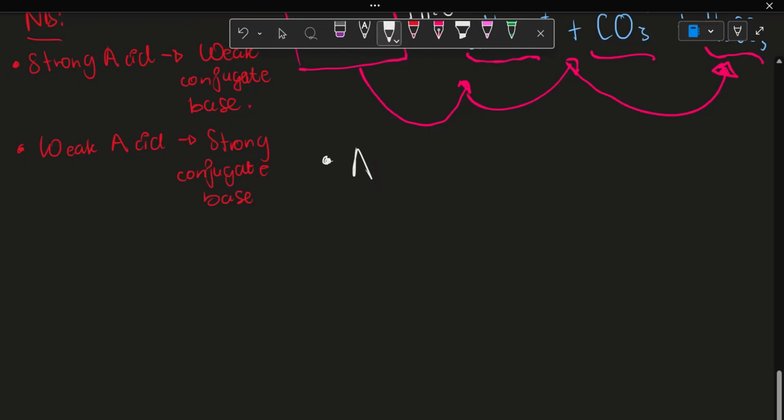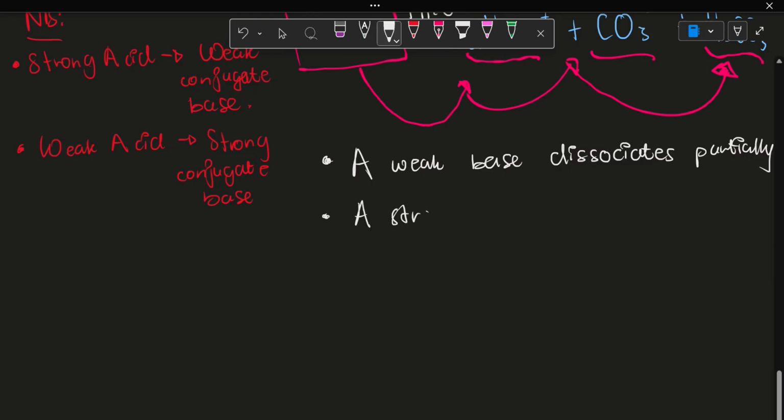So a weak base. Remember, what do bases do? Yes, dissociate. A weak base dissociates partially. And a strong base, what does a strong base do?